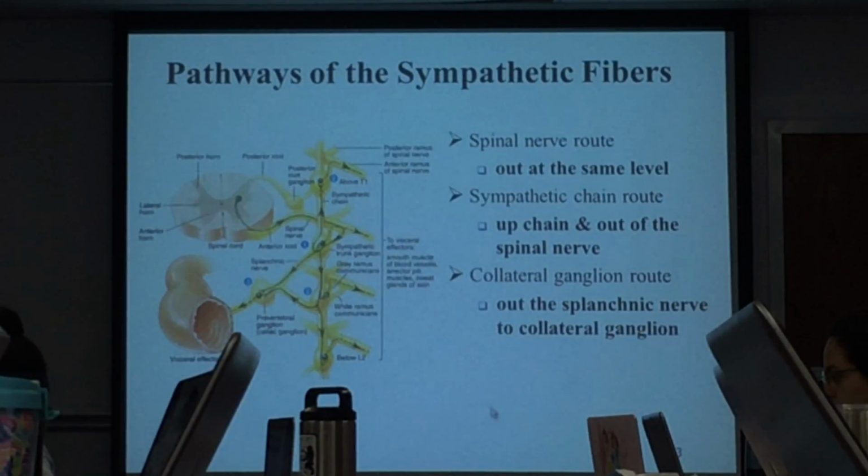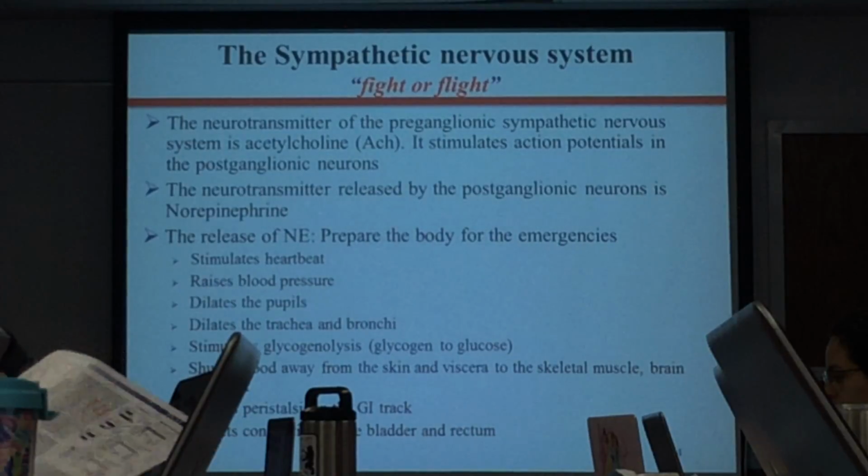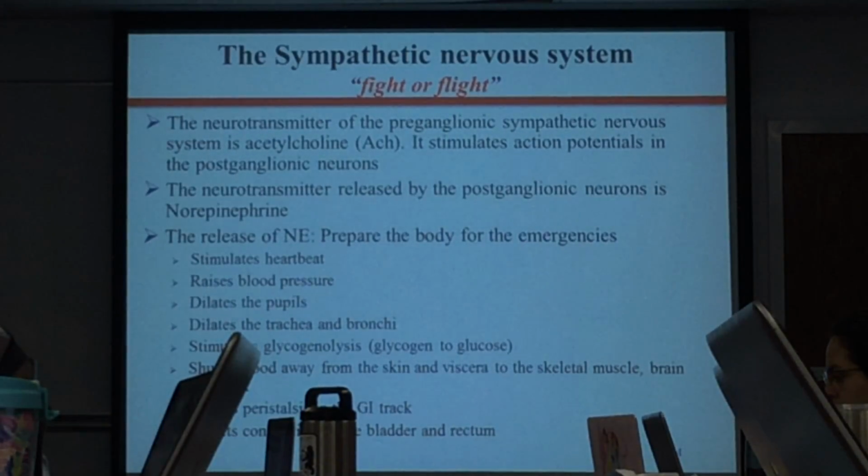Okay, so the sympathetic nervous system, we call it the fight and flight response. It's activated when you are in an emergency. Let's say if you are taking a test, if you are embarrassed, if you are excited, your sympathetic nervous system gets excited.